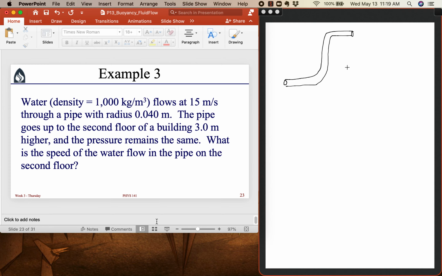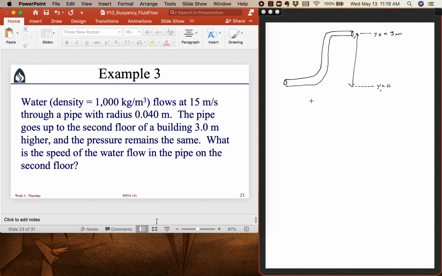We know that the difference in height is 3 meters. I'm going to call the lower height, this ground level height, the y=0 level. And up here, we'll call this y. We'll say everything having to do with this end of the pipe is 1, everything having to do with this end of the pipe is 2. So y2 is going to be 3 meters.